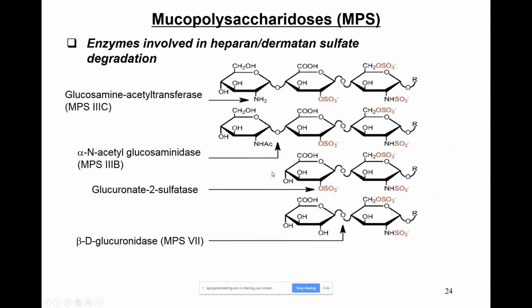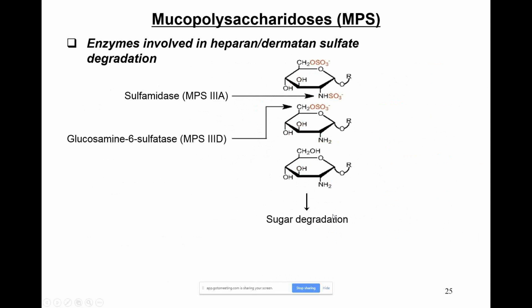Then we can, again, remove the sugar, again, remove the modification, and so on. So that's why it's a little more complicated, because there are these additional decorations, these negative charges, that need to be removed before we can remove the sugar as we're degrading the glycosaminoglycan chain.